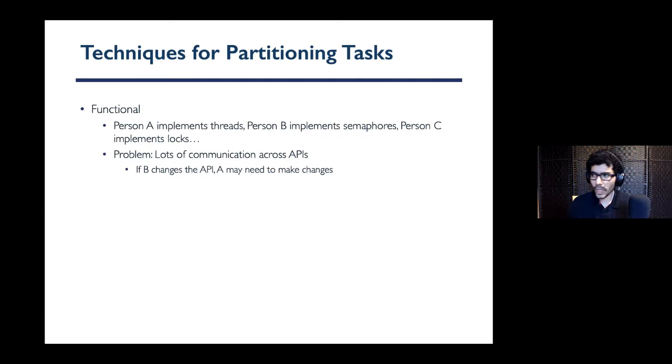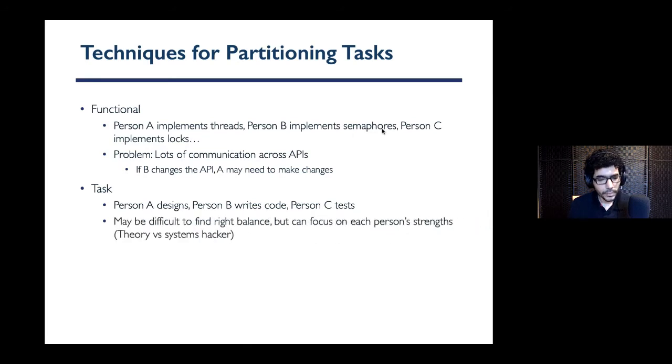Okay, the other way you can partition your work is by tasks. So you could say, okay, person A designs, person B writes code, and person C tests. This might be a little bit difficult to do.